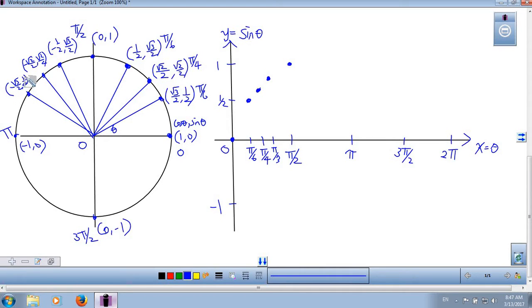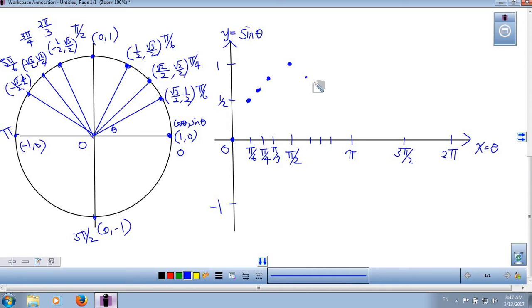If you have your unit circle in front of you, you can refer to those values. I'm sorry, I'm writing a little sloppy here. This angle is 2 pi over 3, this is 3 pi over 4, and this is 5 pi over 6. Basically, they are the same spaces over here. This is 3 pi over 4, this is 2 pi over 3, and that's 5 pi over 6.